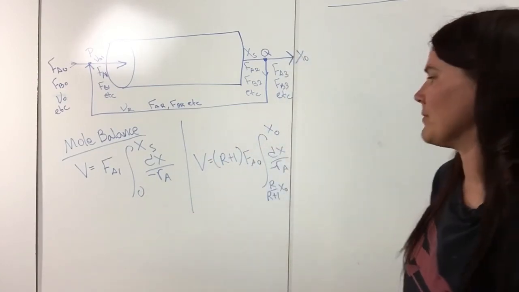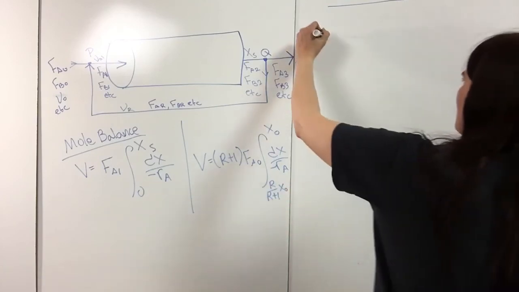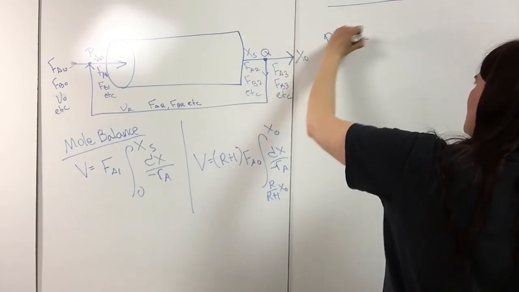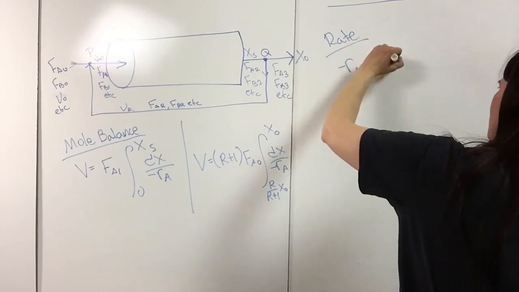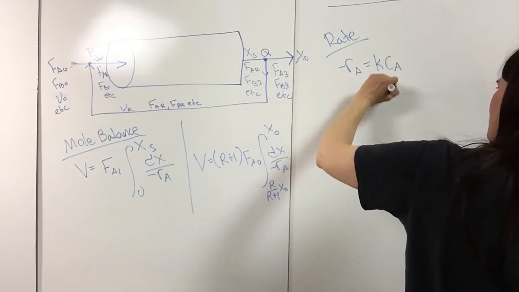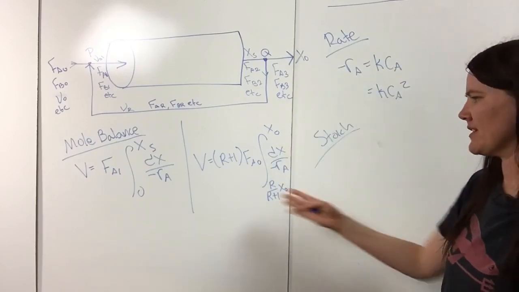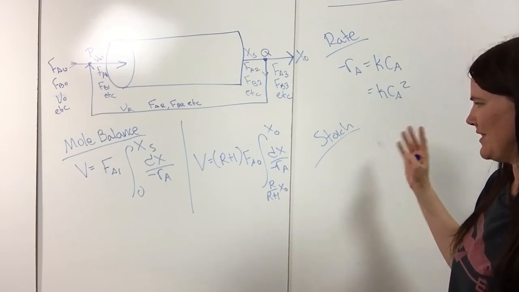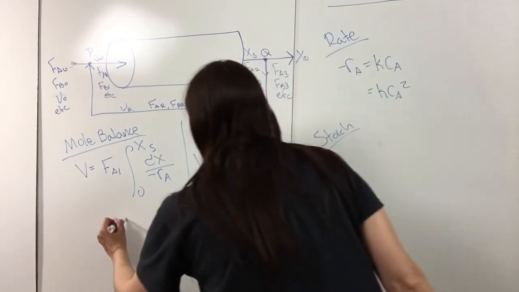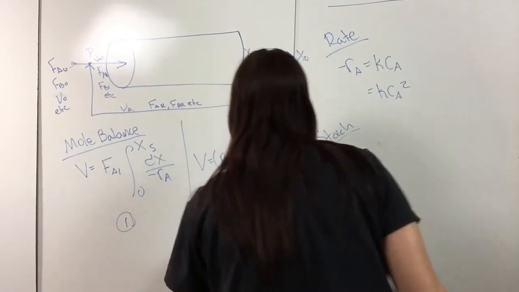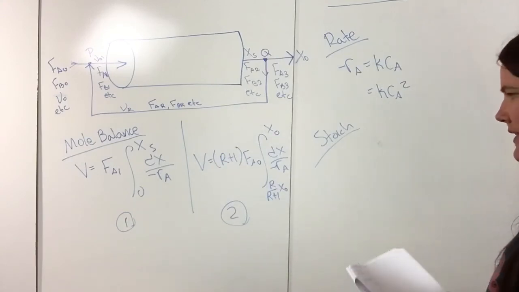So in order to solve this problem, you would pick one of these, and then you would write your rate law, and say it's minus RA equals K CA, or it could be K CA squared. For your stoichiometry, you just need to make sure that you're using the correct form for whichever equation you're using. So I'll just say this one's 1, this one's 2. And you can choose either one. You should end up with the same solution.